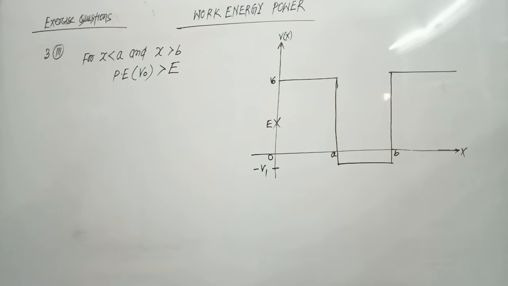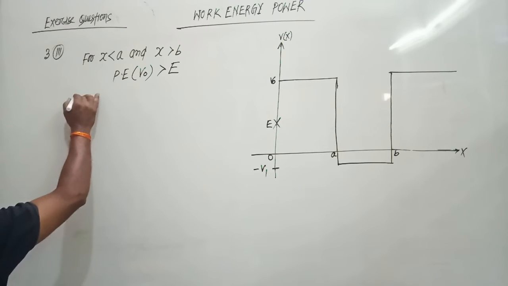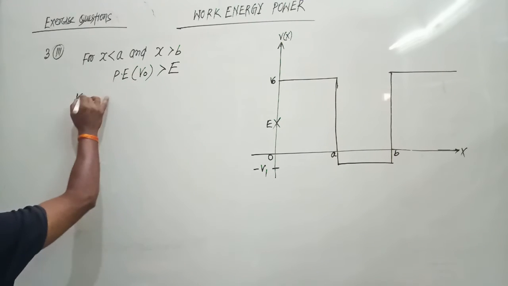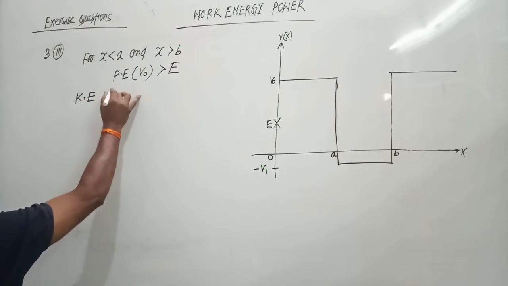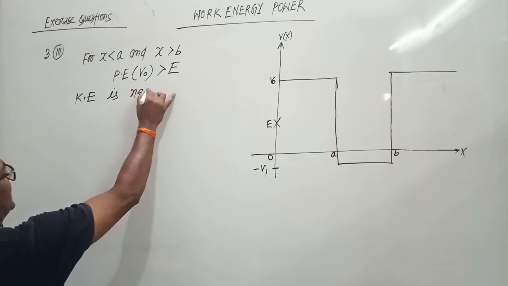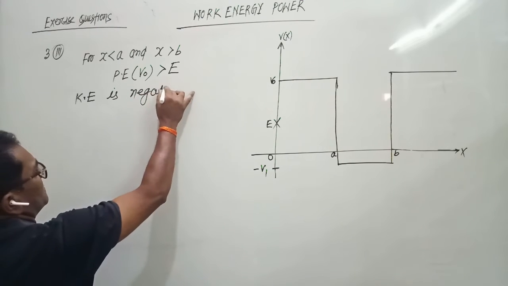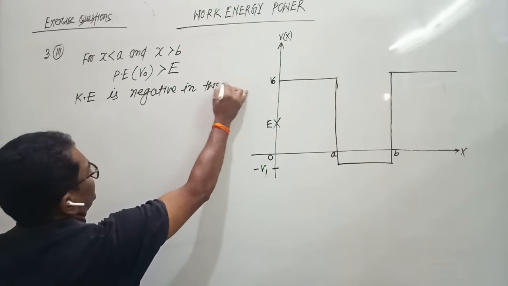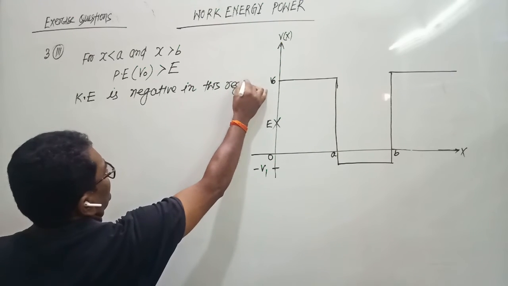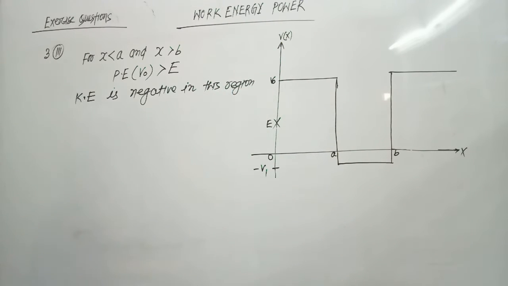So kinetic energy is negative. Since potential energy is greater than total energy, kinetic energy is negative in this region.